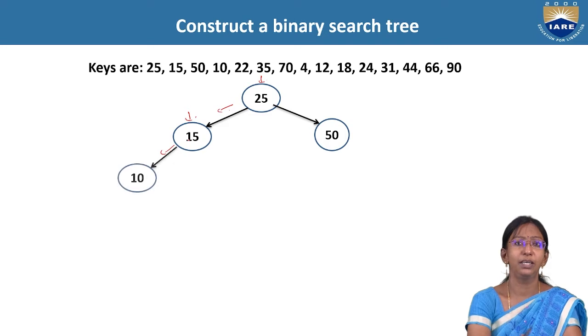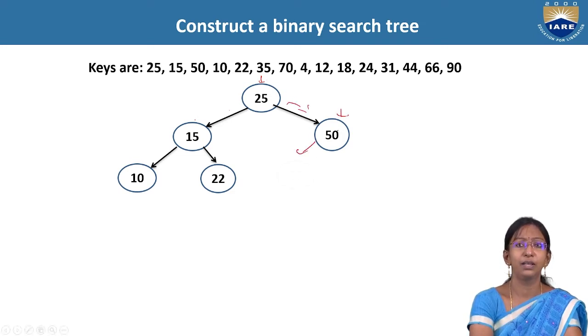So here 10 is inserted. The next element is 22. 22 is less than 25 but greater than 15, so it goes as the right child of 15. Then comes 35. 35 is greater than 25, so it goes to the right-hand side. Compare it with 50, it is lesser, so it goes to the left-hand side. Very simple, guys.